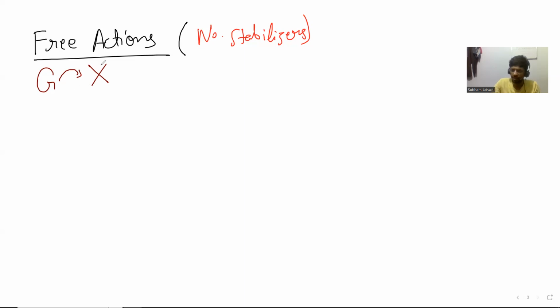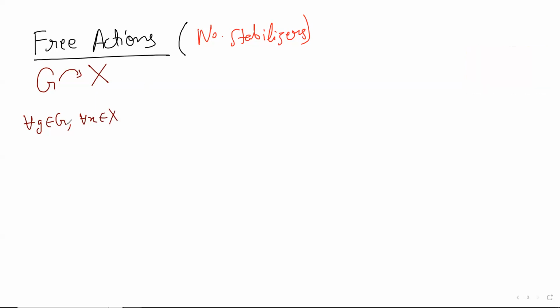We say this action is free if g·x is never equal to x, for all g not equal to identity and for all x. That's what I just wrote, no stabilizer, right? So that's the point.